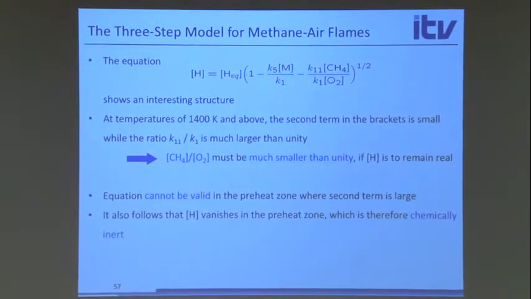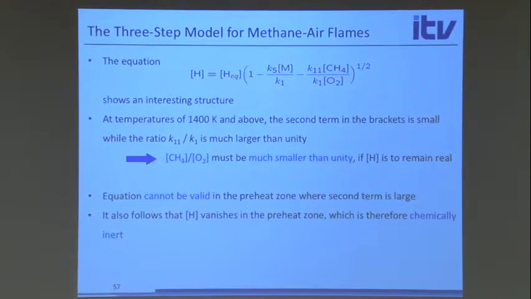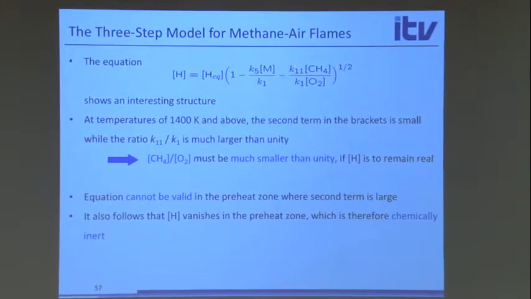And this ratio, that's what we said earlier, for high temperatures, this becomes much, much smaller than 1, okay? So at high temperatures, this here is actually small, and the ratio K11 divided by K1 is very large, okay?